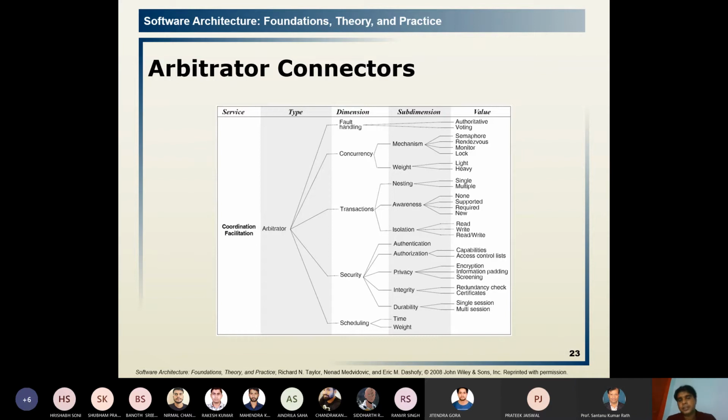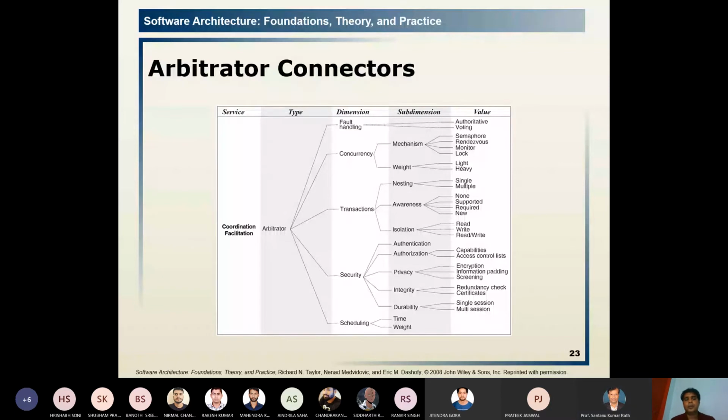Then transactions, nesting meaning an individual transaction or a group of transactions. Then awareness: never, supported, required, or new. Then isolation: read, write, read or write. These are some sub-dimensions with their values, I am saying.